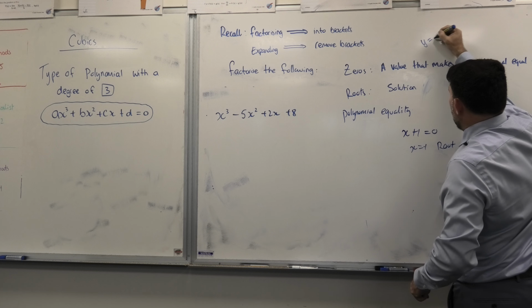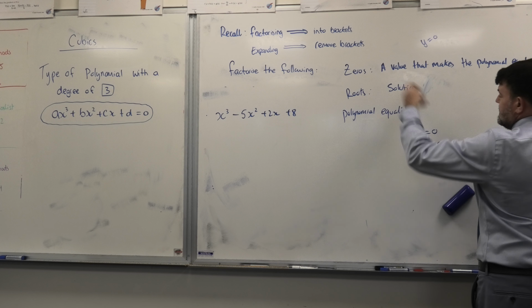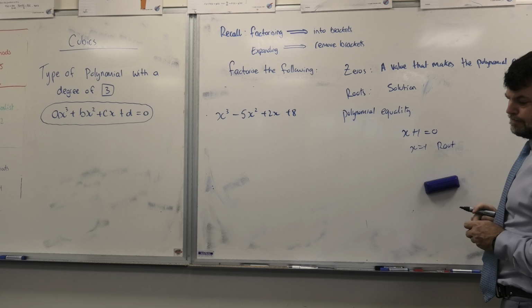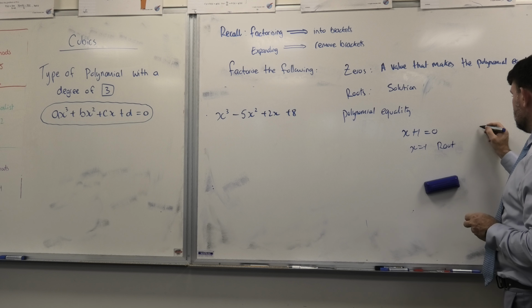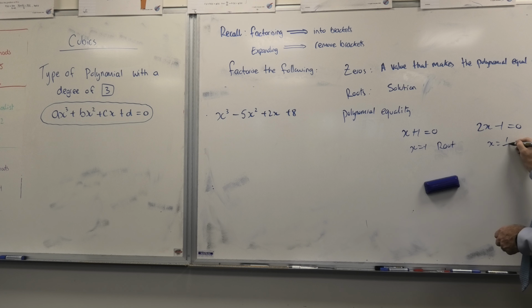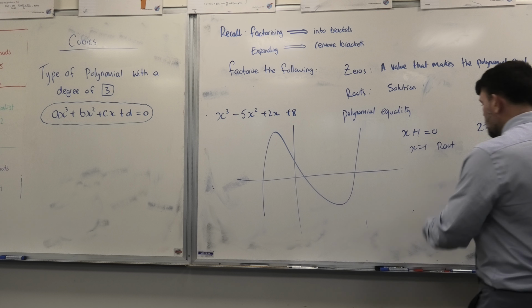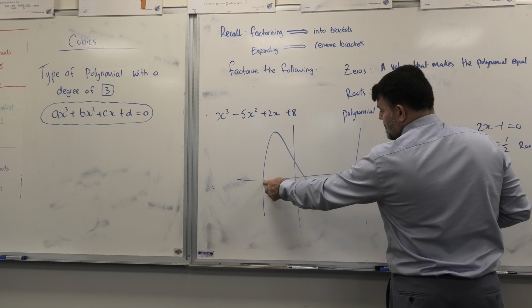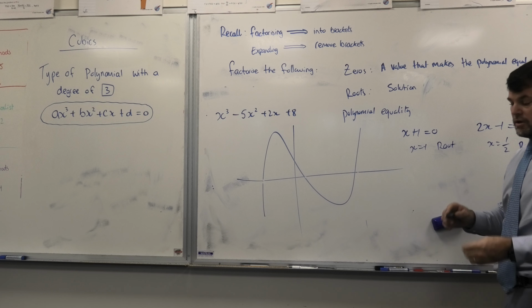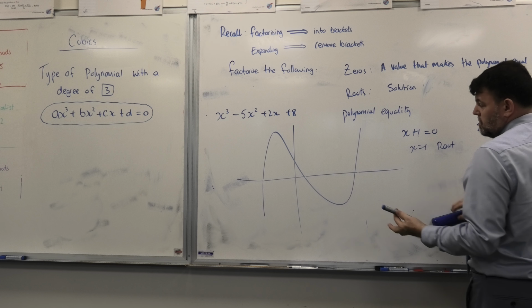Similarly, if we had 2x minus 1 is equal to 0, then we'd get x is equal to 1/2, and this would also be a root. If I was going to draw a graph, I could work out what my roots are when I equate y to 0. That aligns with what you've been working out already, and another word for the roots would be solutions.